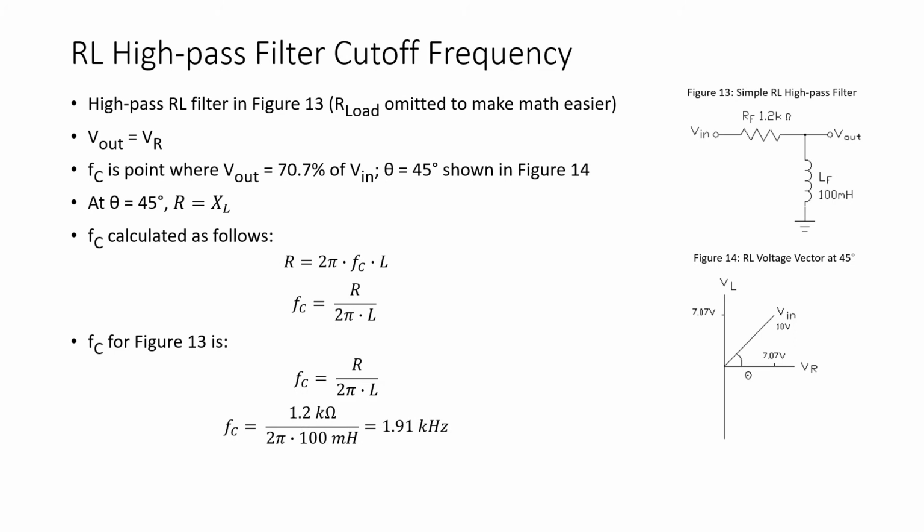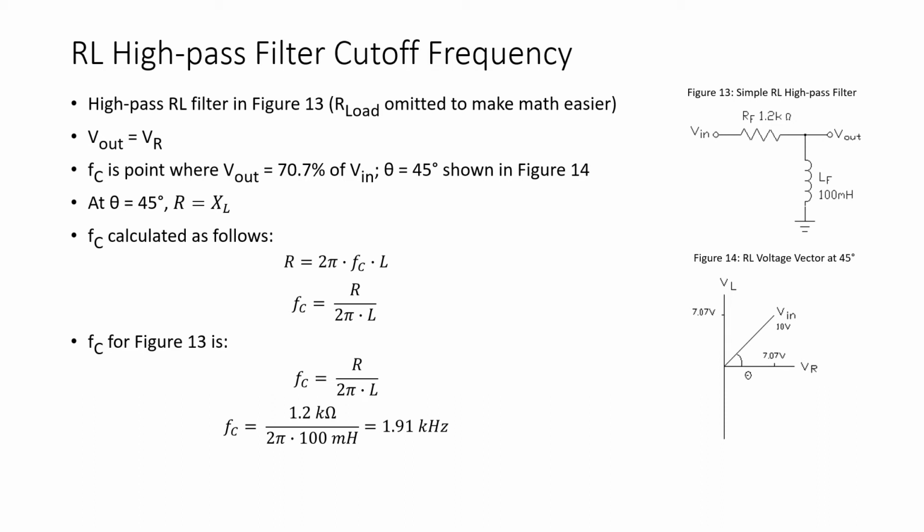And with an RL high-pass filter, as shown in figure 13, note that the output is the voltage across the inductor. That slide is wrong. That should say that Vout equals VL. And again, the cutoff frequency is the point where the output voltage is 70.7% of the input.